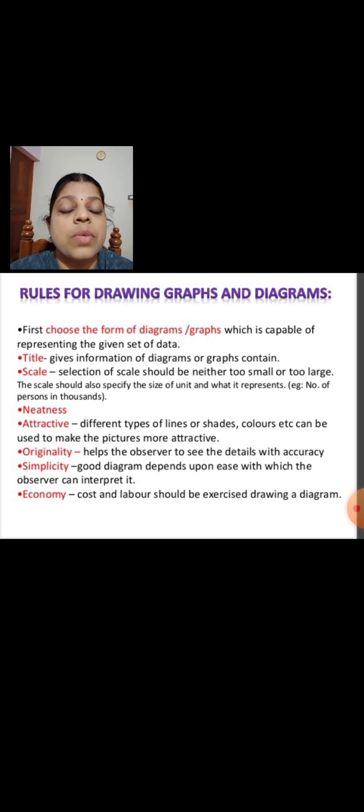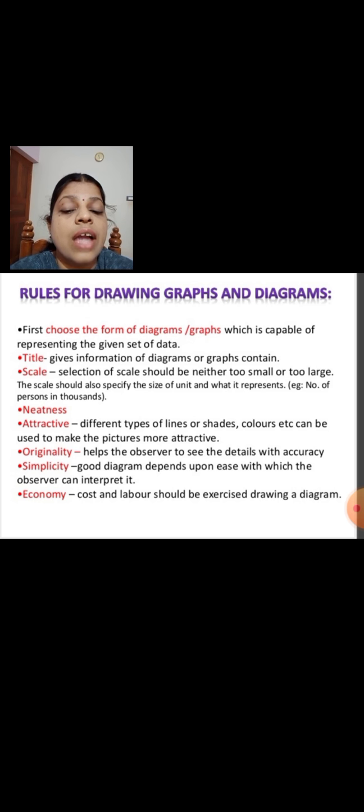Next one is simplicity. What does simplicity mean? A good diagram depends upon the ease with which the observer can interpret it. That is how easily we can convey the information to the observer.